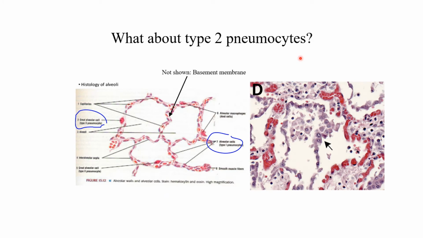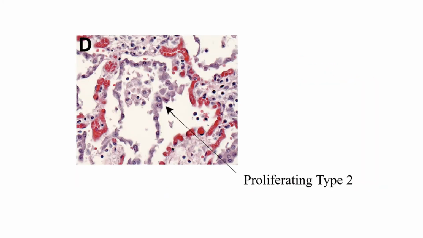What about type 2 pneumocytes? Not only have type 2 pneumocytes survived the ordeal, they are in fact proliferating. So there's a pair of proliferating type 2 pneumocytes.